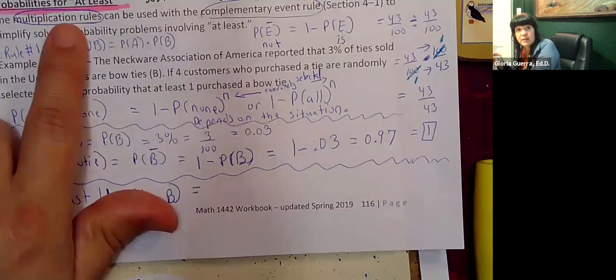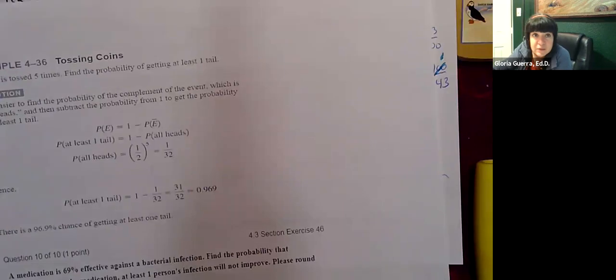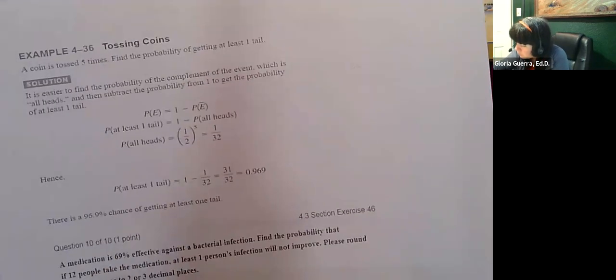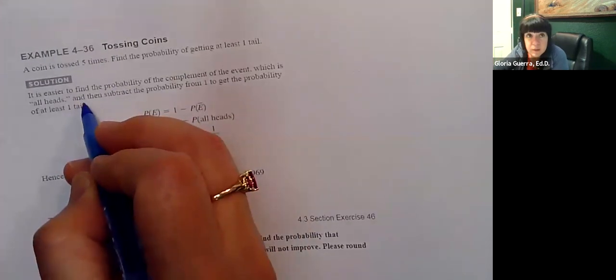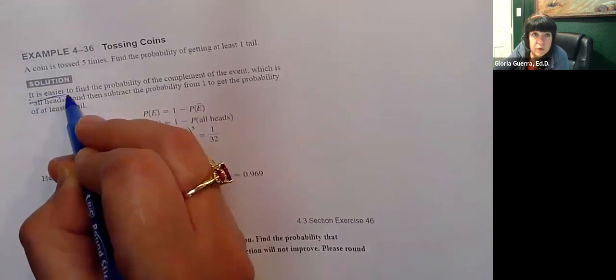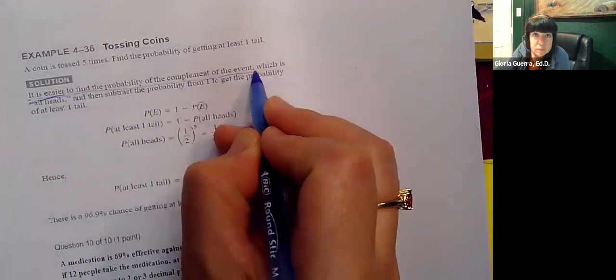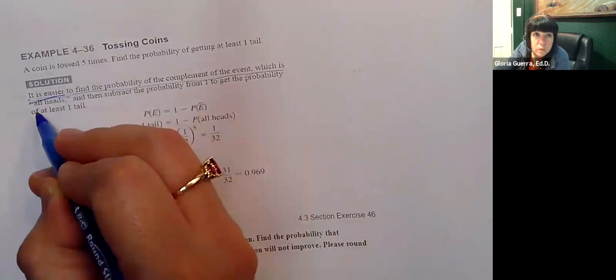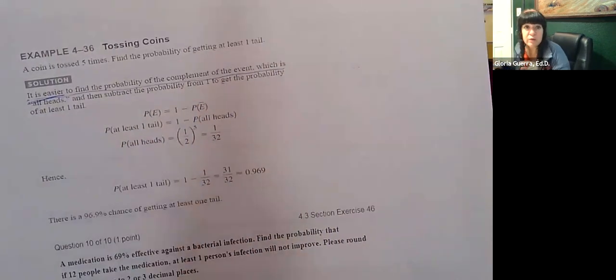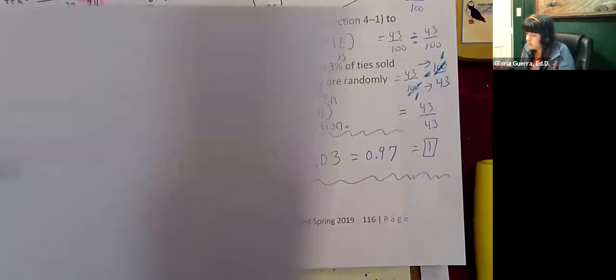This is called probability for at least. It says here that it's easier to find the probability of the complement of the event. Okay, so it's easier to find the probability of the complement of the event. Let me write that down here.